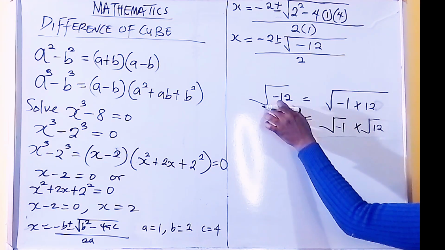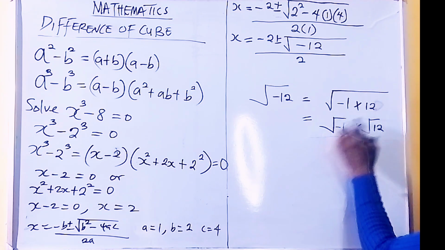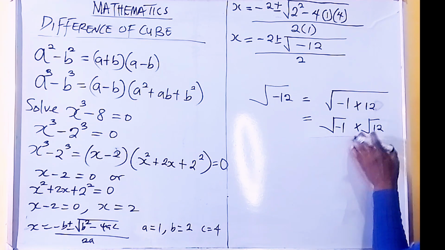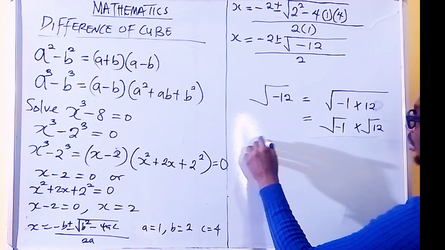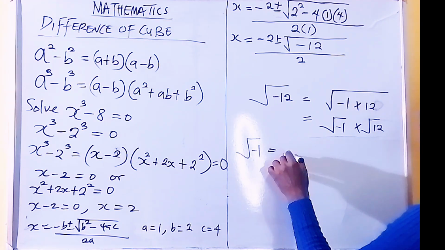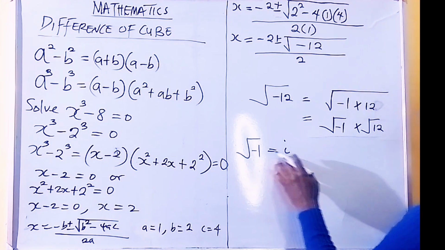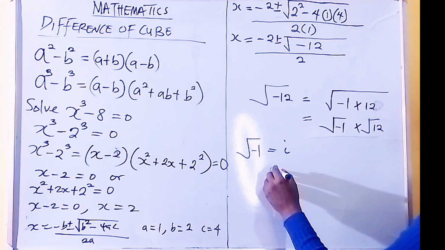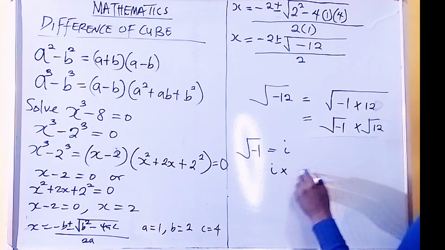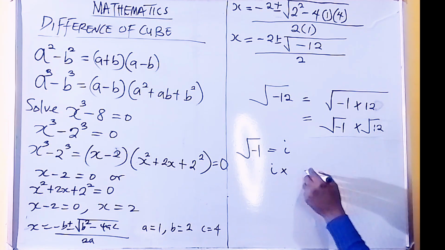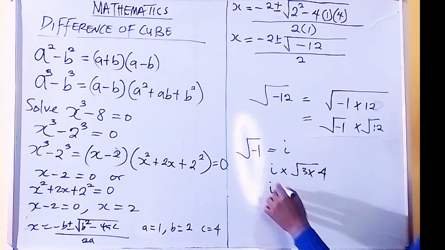Now, this is an imaginary root, that is square root of minus 1. So what we are going to do here is that in complex number, square root of minus 1 is equal to i. Therefore, I'll now have i times square root of 12, and square root of 12 can be written as 3 times 4.